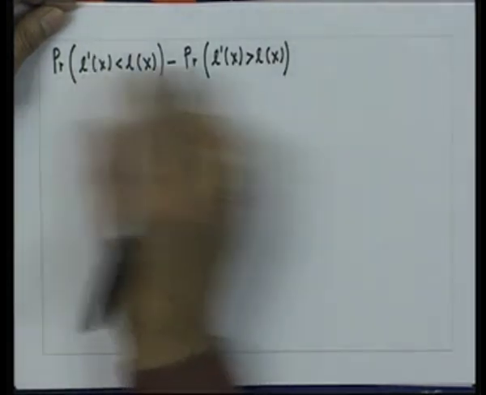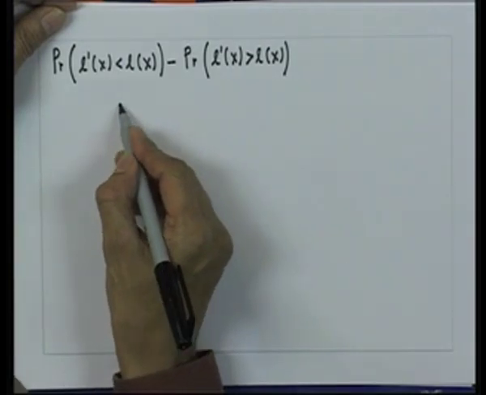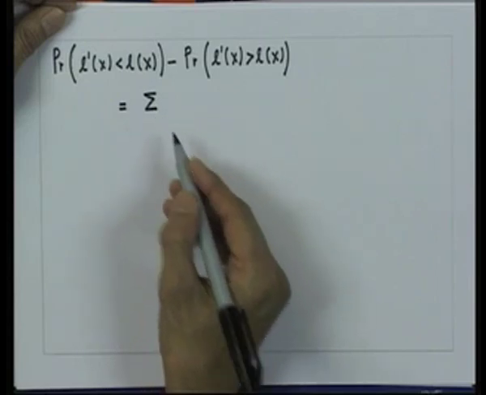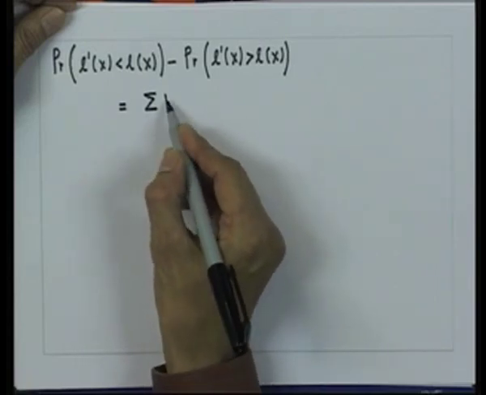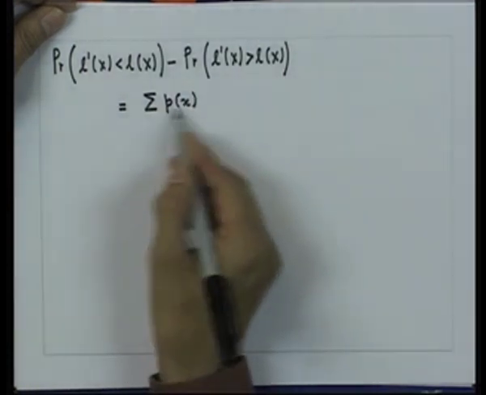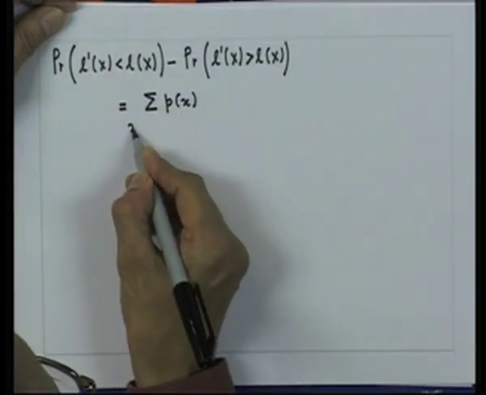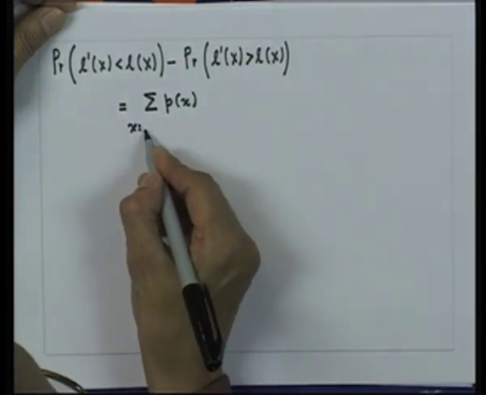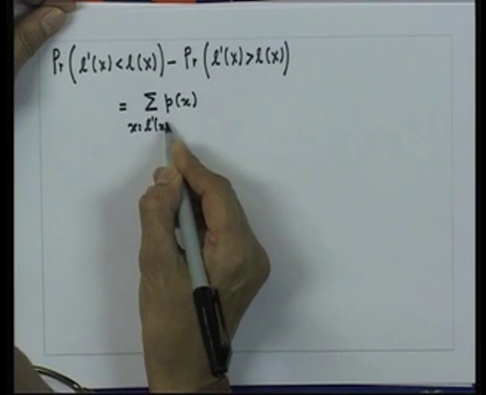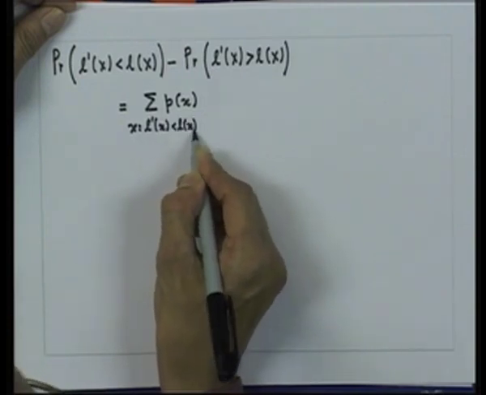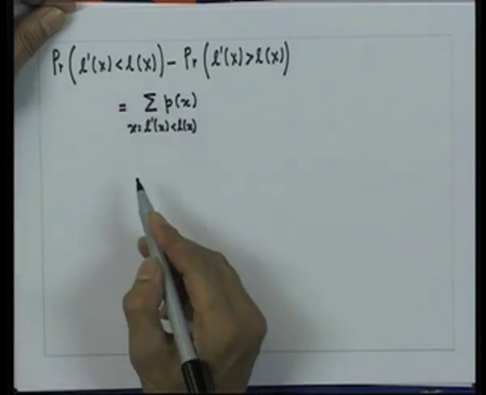This I can write as the probability of x, where I consider only those x for which L'(x) is less than L(x), of the random variable.